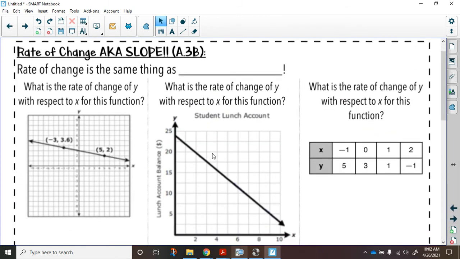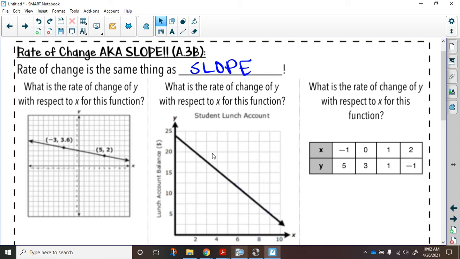Alright, so the last thing we're going to be looking at, I believe, is rate of change and StatEdit. So again, rate of change is going to be the same thing as our slope. Again, rate of change is the same as slope. So for the first part, we need to determine the rate of change for the given function, and it's a graph.